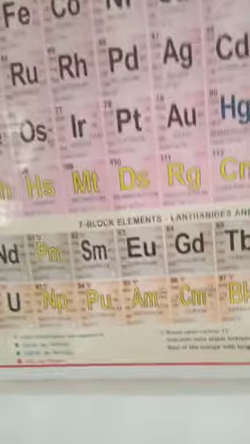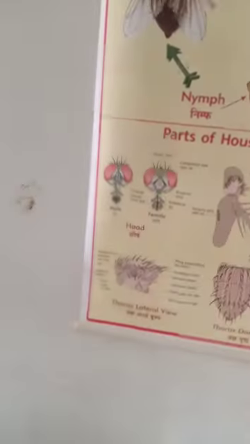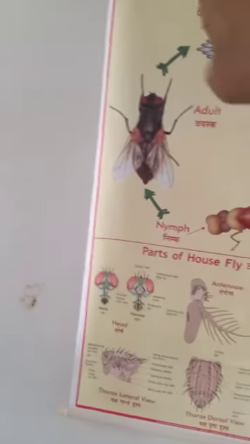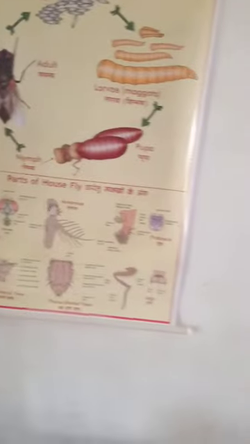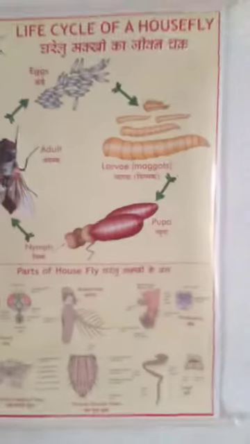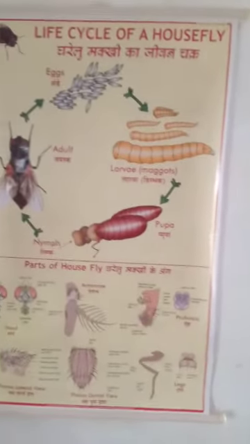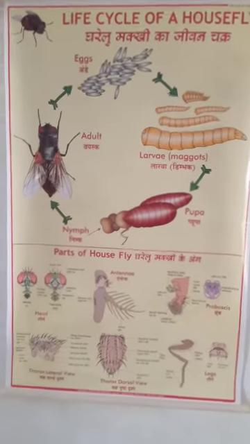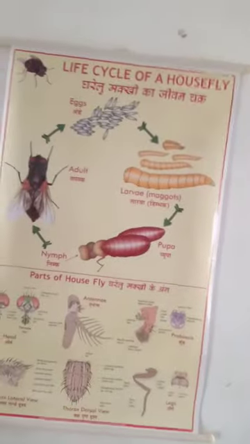Okay, this is a very good chart, and this chart is related to biology, the life cycle of a house fly. This chart is very useful to show the life cycle of a house fly.